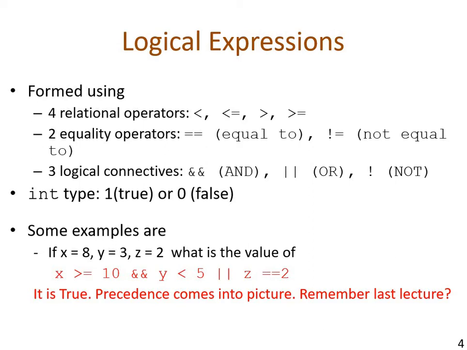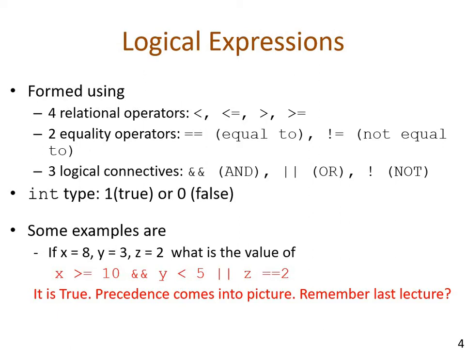So x greater than or equals to 10 is false, y less than or equals to 5 is true, but the AND will give you false, or z double equals to 5 is true, so that is true. And when you apply the precedence of operators, you will get the expression value as true. You can refer to the last lecture to understand the precedence of operators.